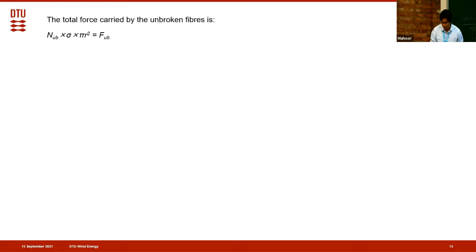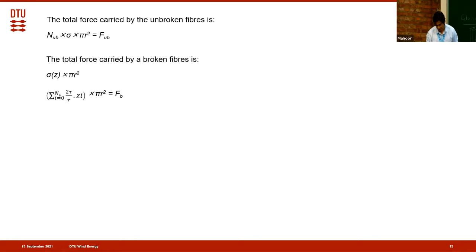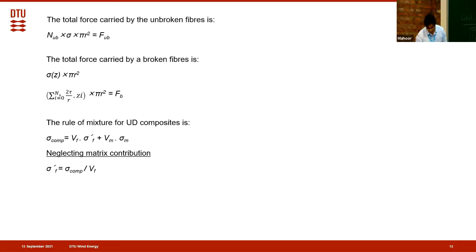Now in the same cross section, we can simply do a force balance. This equation represents the force carried by the unbroken fibers. We can write a similar expression for the broken fibers, for which the stress they take is determined as a function of Z, the distance from the reference line. And here is one of the assumptions taken by Curtin.